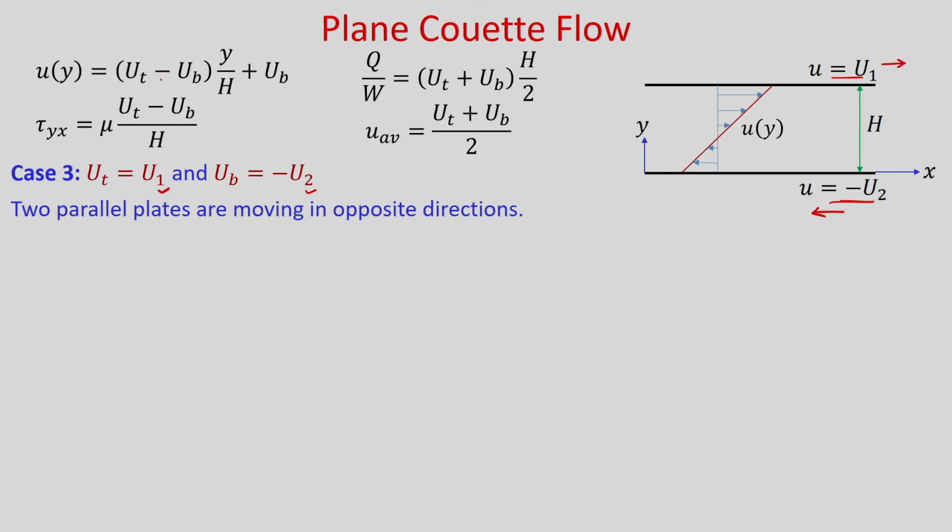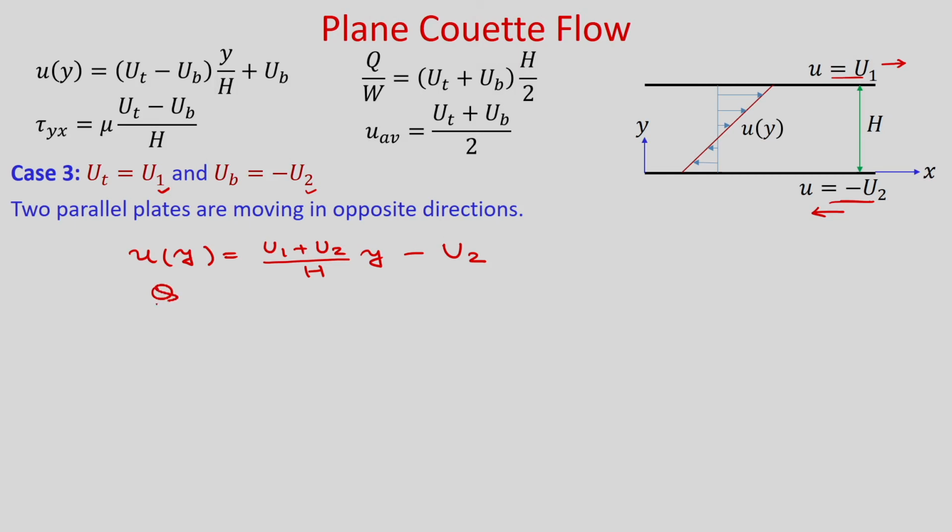If you put u_t equal to U1 and u_b equal to minus U2, the velocity profile you will get is u(y) = (U1 + U2)/h y minus U2.